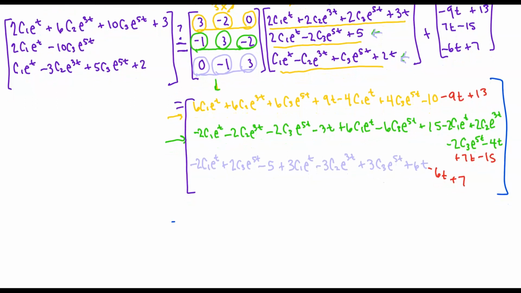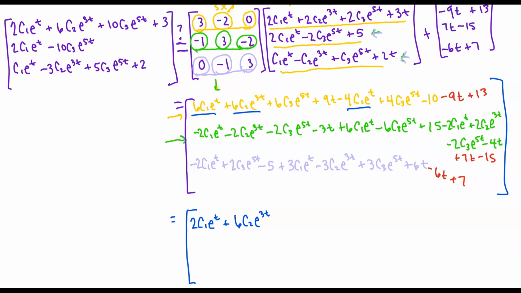So next we're going to combine like terms. So let's take all of the coefficients of e to the t and combine them. In row 1 we have 6c1 minus 4c1. That gives us 2c sub 1 e to the t. Coefficients of e to the 3t, looks like we just have one, so 6c sub 2 e to the 3t.